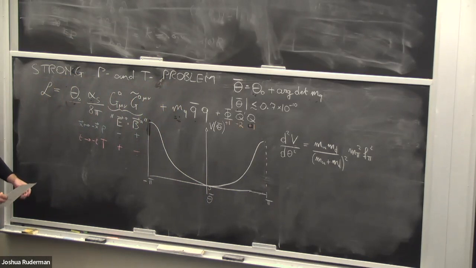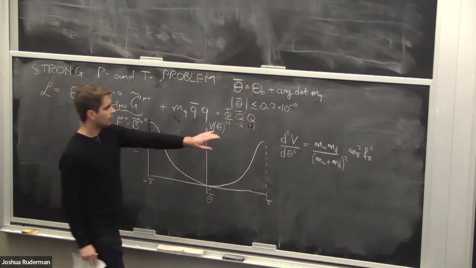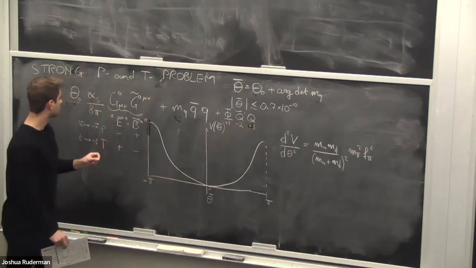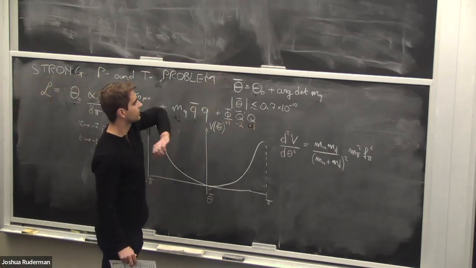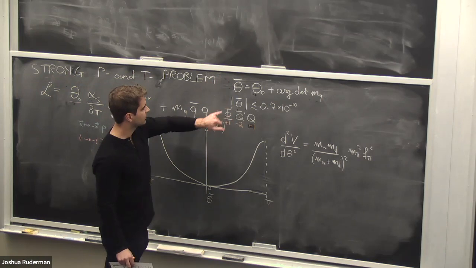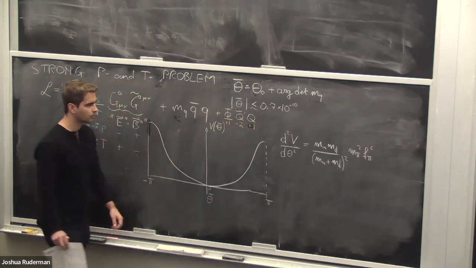And so basically, by postulating the symmetry, you can rotate. Now this theta bar parameter is physically indistinguishable from this symmetry.